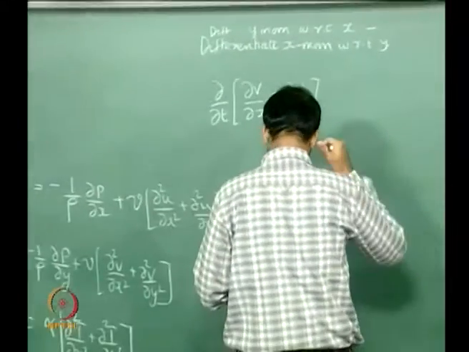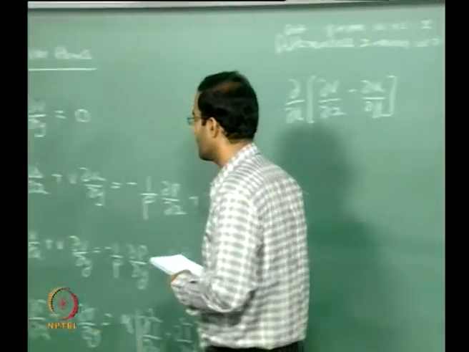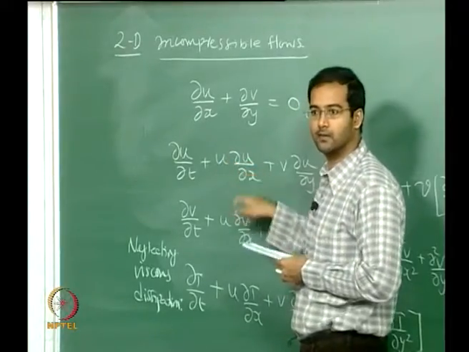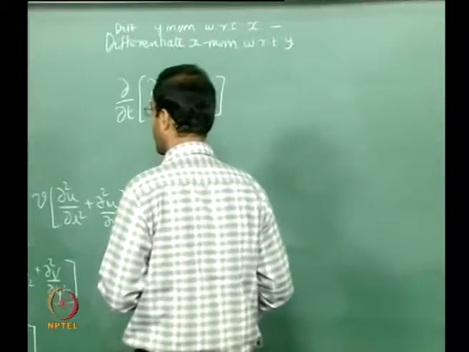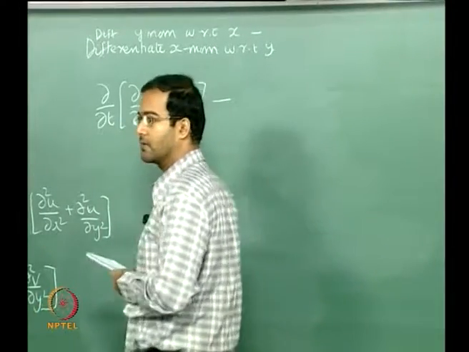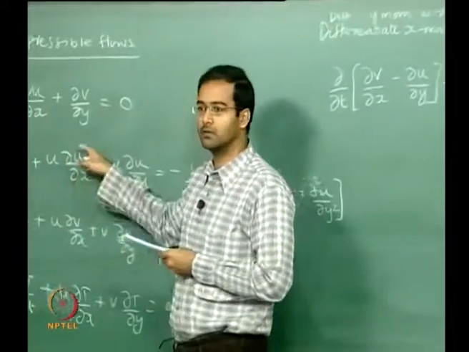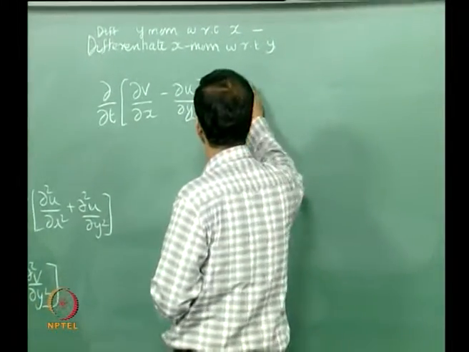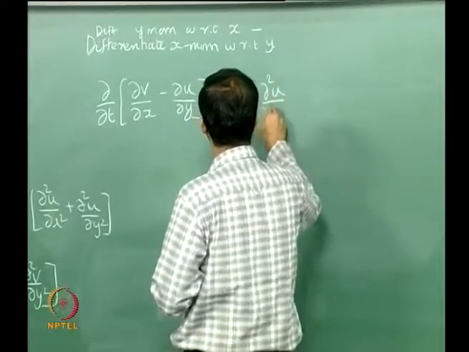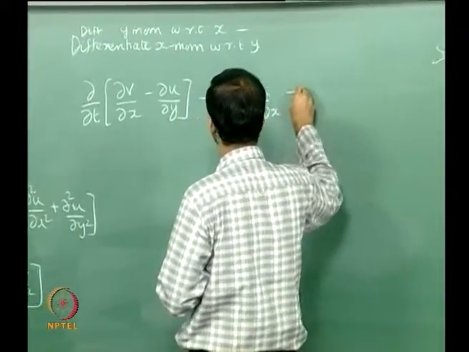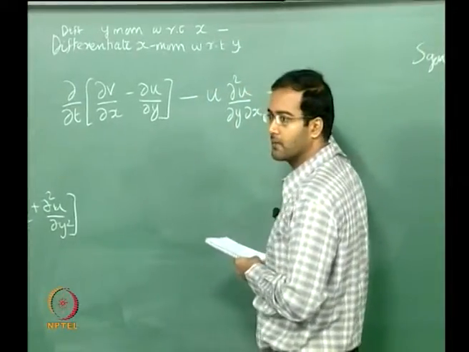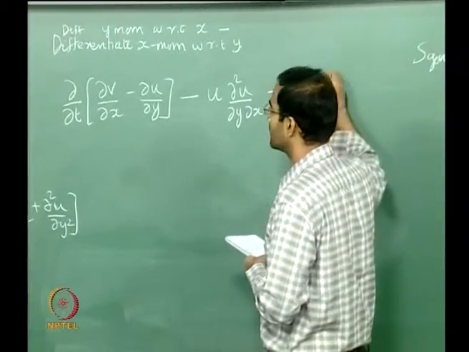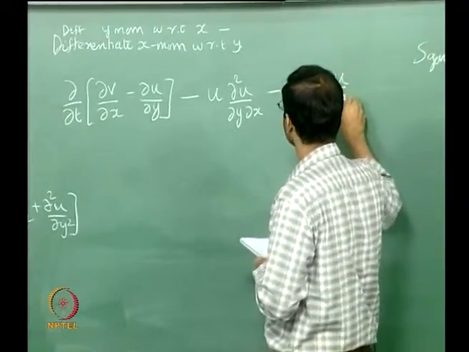The other terms, you get a lot of terms here, because if I differentiate this with respect to y, I have to split it up again, right. So this will be minus, you have to tell me now, d by dy of u du by dx. So I can write this as u into d square u by dy dx minus du by dy into du by dx.